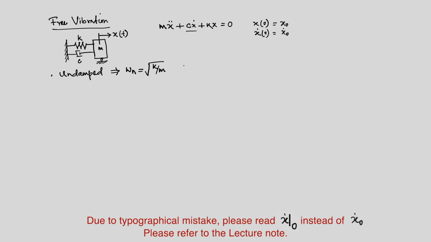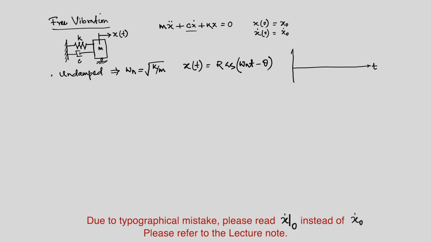The solution x of t has this form r cos(omega n t minus theta). So, r is the amplitude, theta is the phase, and omega n is the natural frequency with which the system oscillates.